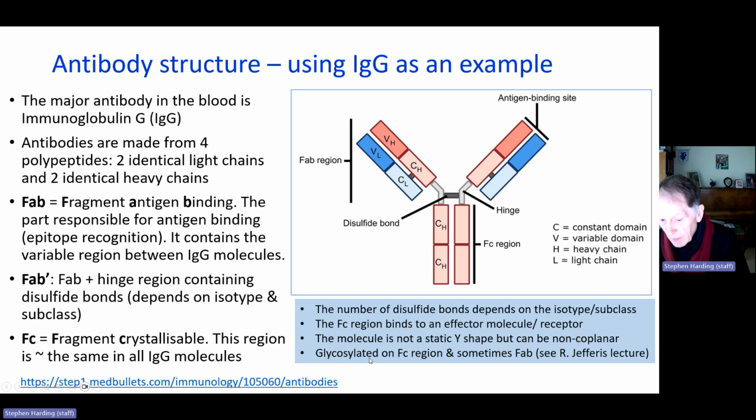And as I mentioned before, these molecules are glycoproteins, and they're glycosylated on the Fc region, usually 100% glycosylated, and sometimes on the Fab region as well. And you need to see the Roy Jefferis lecture, which follows this one, which goes into glycosylation in some detail.